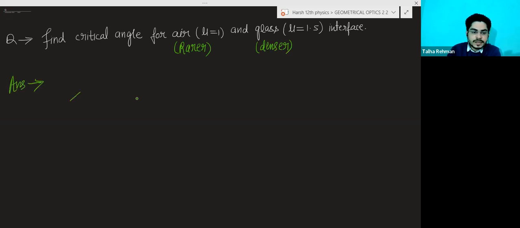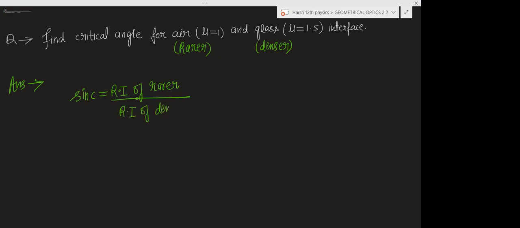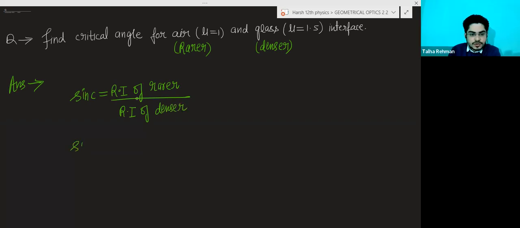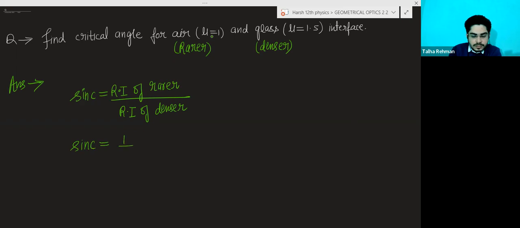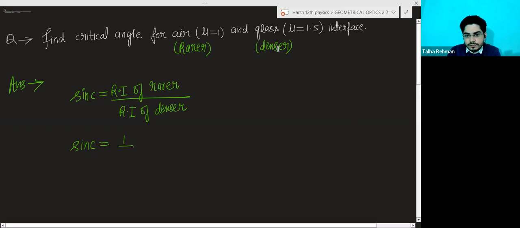So we can find the critical angle. We have the formula: the sine of the critical angle is equal to the refractive index of the rarer medium divided by the refractive index of the denser medium. Here the refractive index of air is 1, and the refractive index of glass is 1.5.